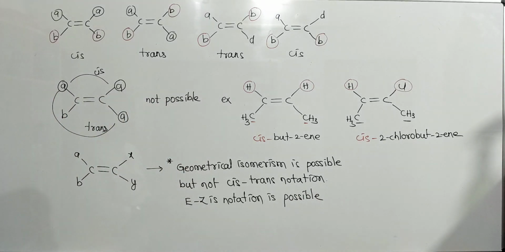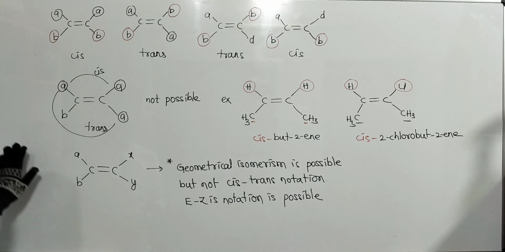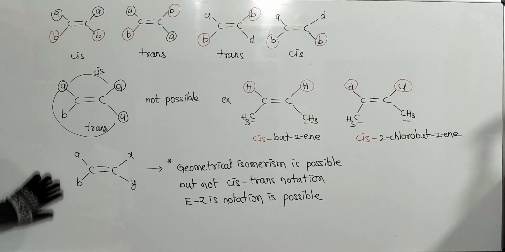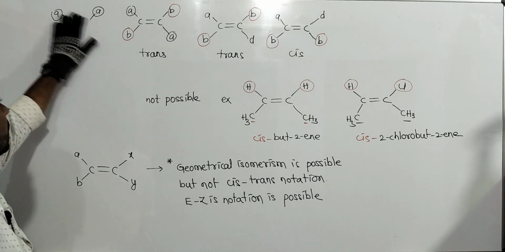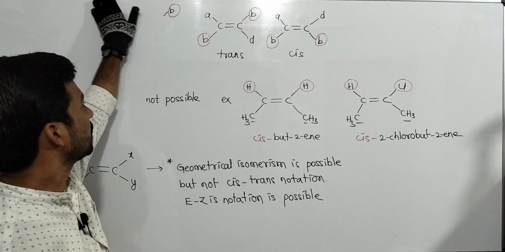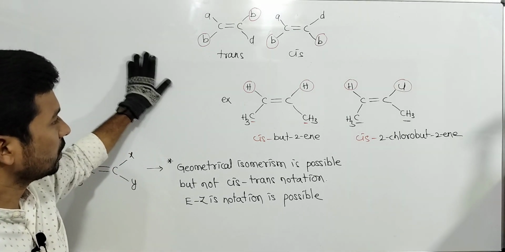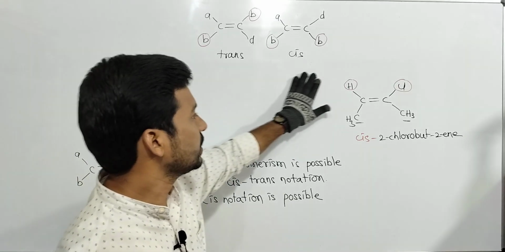I will give the EZ notation, how to assign EZ notation. Whenever four different groups are present on the carbon-carbon double bond in alkenes, EZ notation is possible.